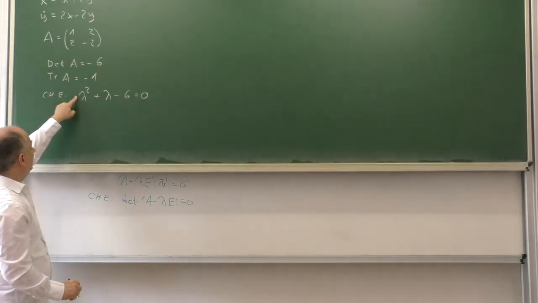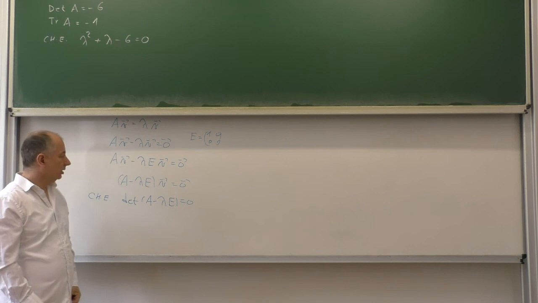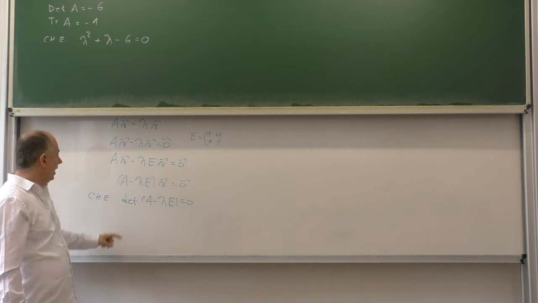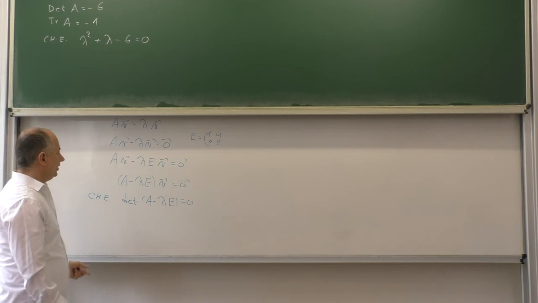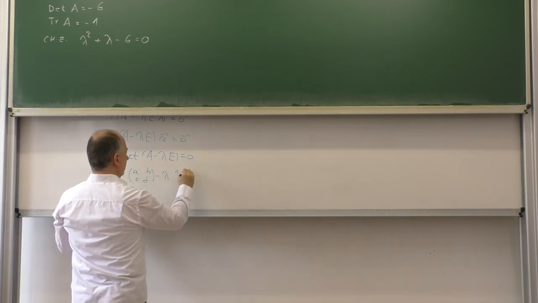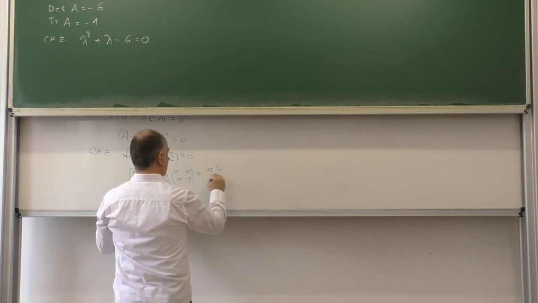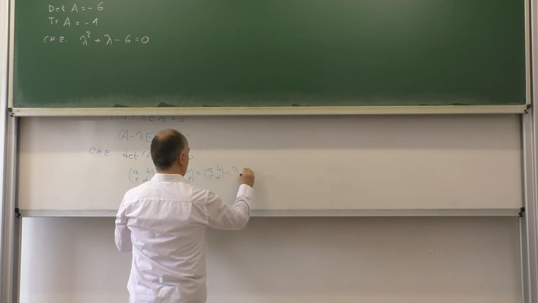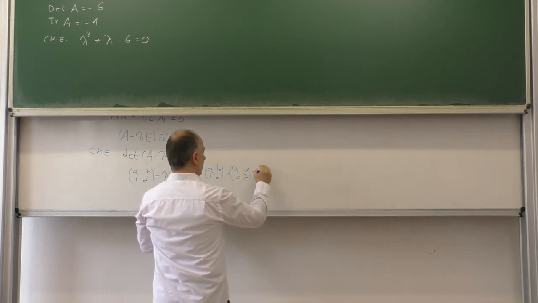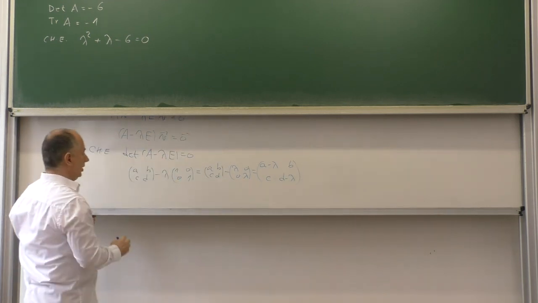And this is the characteristic equation which we have here. It is a polynomial of order n for an n by n matrix in the unknown lambda. And the way from here to here is very simple. If we go back to A being A, B, C, D minus lambda 1, 0, 0, 1, this means A, B, C, D minus lambda 0, 0, lambda, which is A minus lambda, B, C, D minus lambda. And we want the determinant of this matrix.